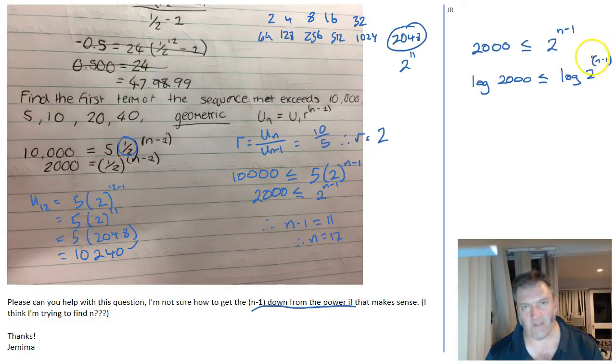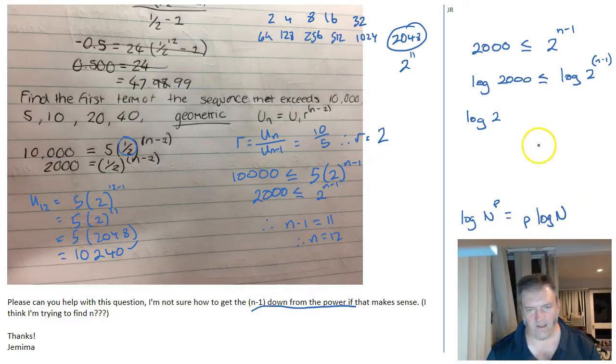And what's the little trick that we get to do here? That's right, you can put your power out the front. The rule is: log of n to the power of p is the same as p multiplied by the log of n. So the log of 2000 is less than or equal to n minus 1 multiplied by the log of 2.